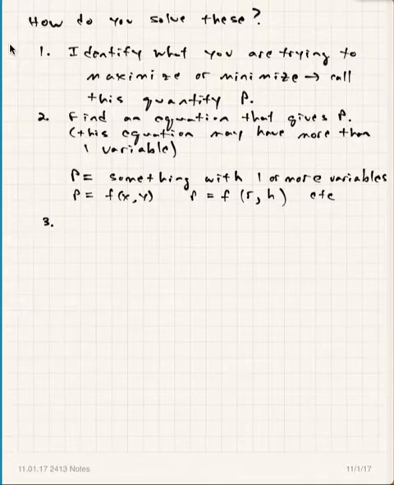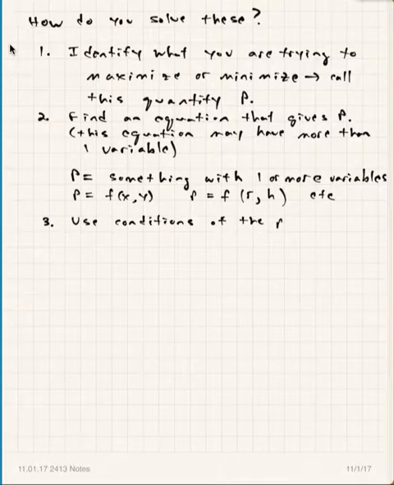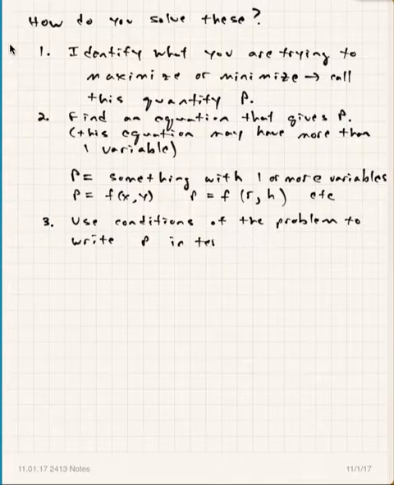But with what we know in Cal 1, we have to have a function of one variable. So we use the conditions of the problem to write P in terms of one variable only.